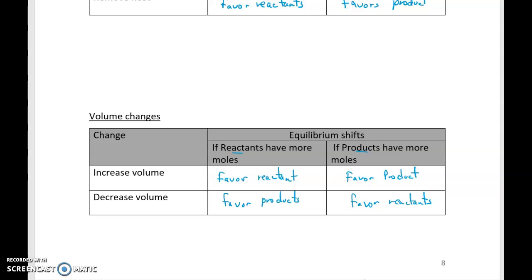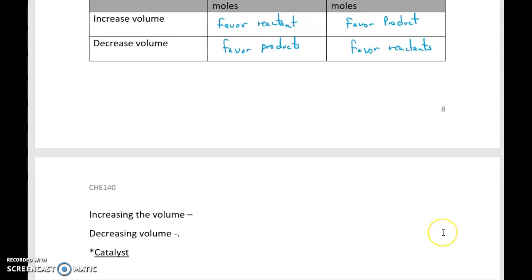So if we increase the volume, it'll favor the side with more molecules. The more space will favor the side with more molecules.